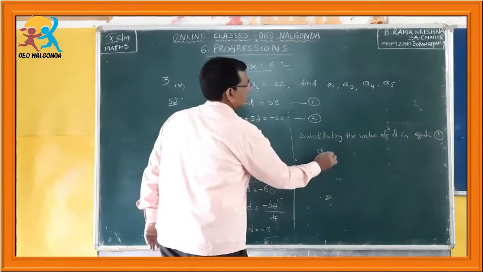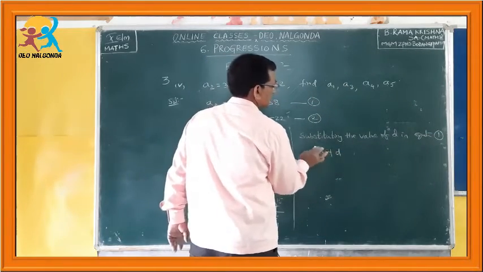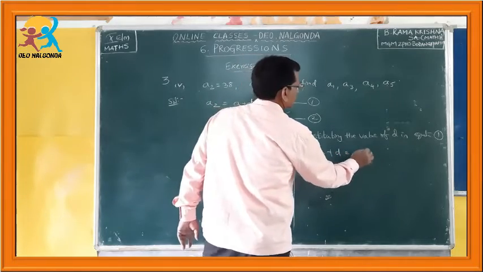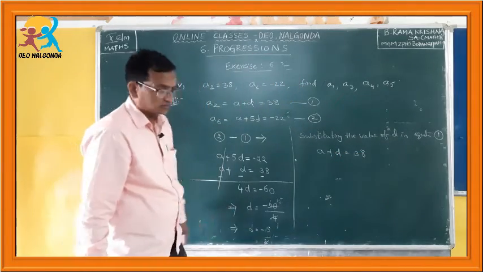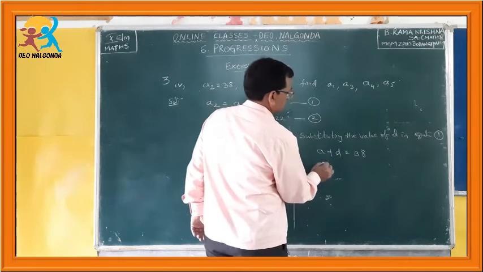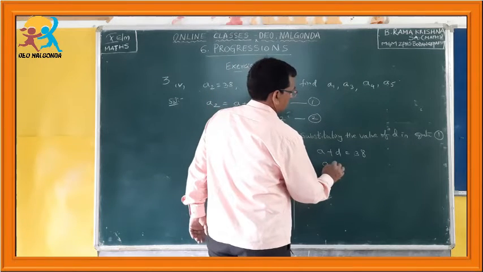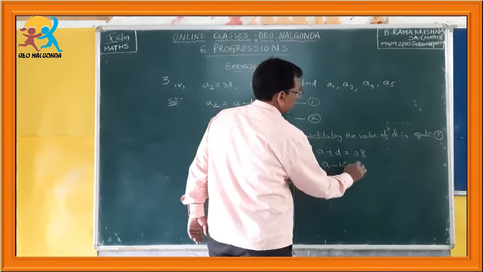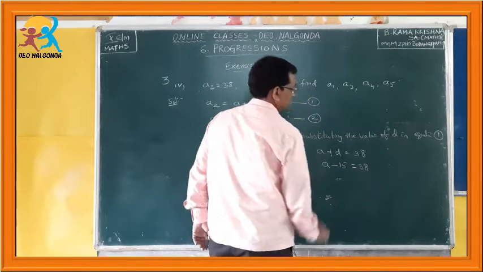What is the equation? a plus d is equal to 38. How much did you get? d is equal to minus 15. So, a minus 15 is equal to 38.